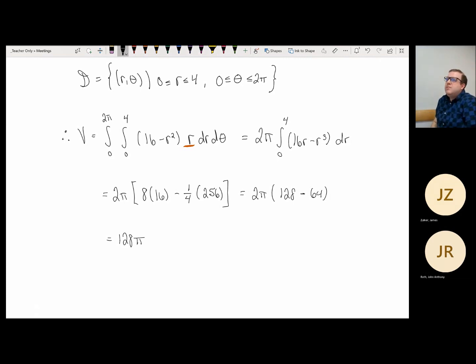Volume's 128 pi. Assuming I did my arithmetic correctly. Which is what you should have gotten when you did it using rectangular. With a lot more algebra.